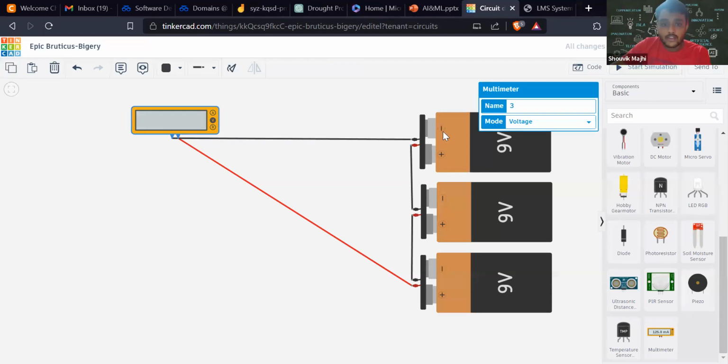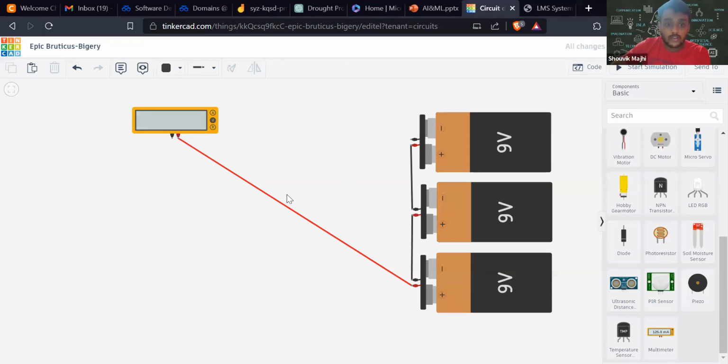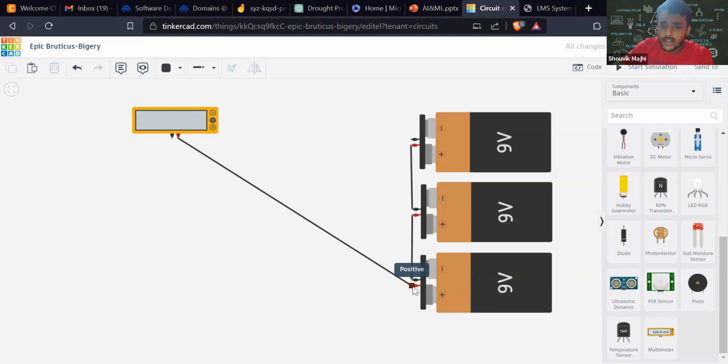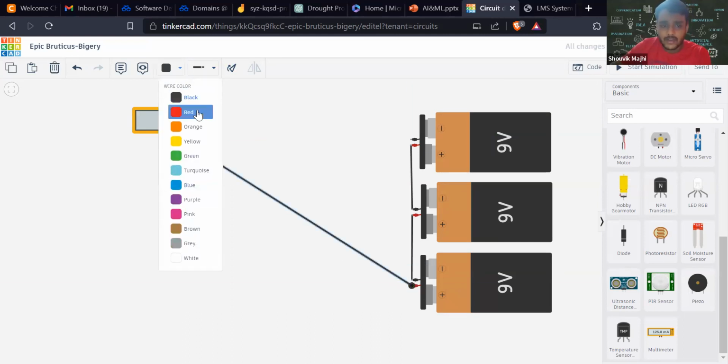So you might have a doubt: Avik, you are connecting positive to positive and negative to negative. What if we connect it the other way to the multimeter? No worries. If you have a doubt, go and experiment. This is what the platform, Tinkercad, is for, your experimentation.